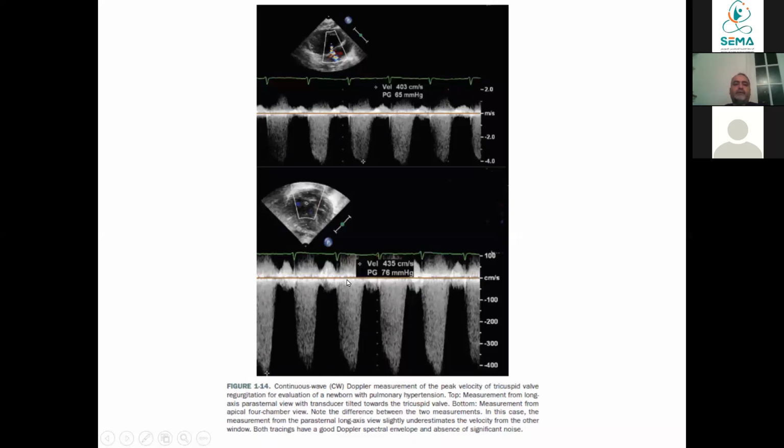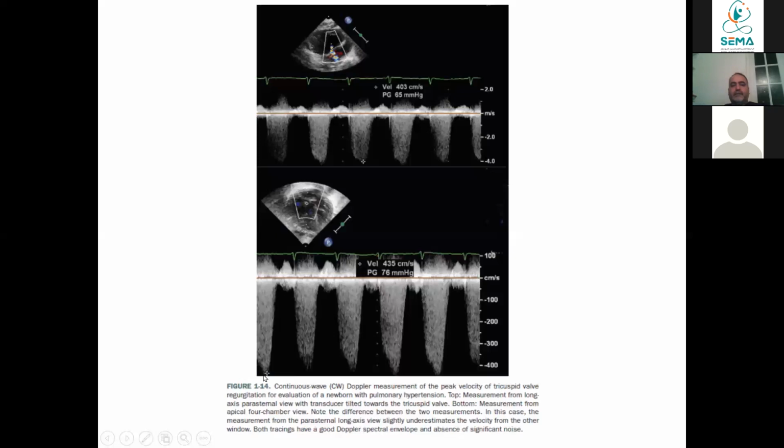So this is how to calculate pulmonary hypertension. You look at the TR, put color Doppler, see the jet, put the cursor, put the marker, put CW. You will see this view, and then measure.